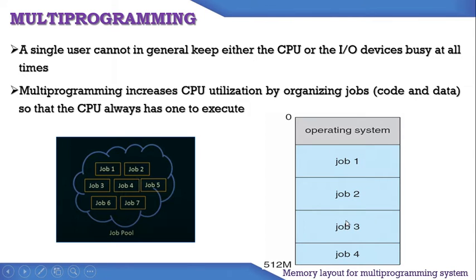A subset of the jobs is loaded into memory. For example, we have loaded job 1, job 2, job 3 and job 4. The operating system has to help in executing these jobs by assigning the CPU to them.